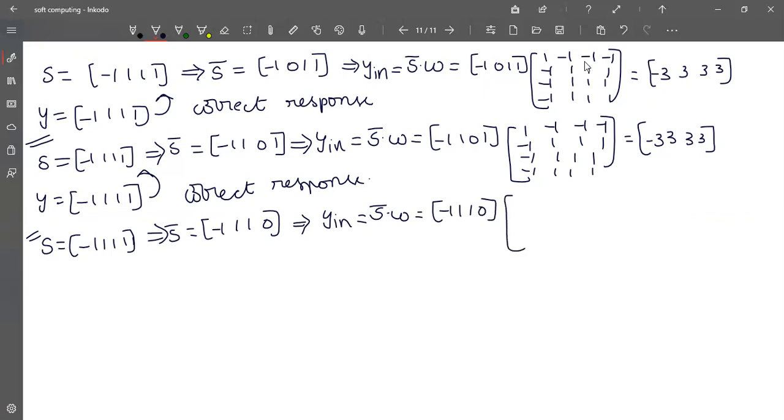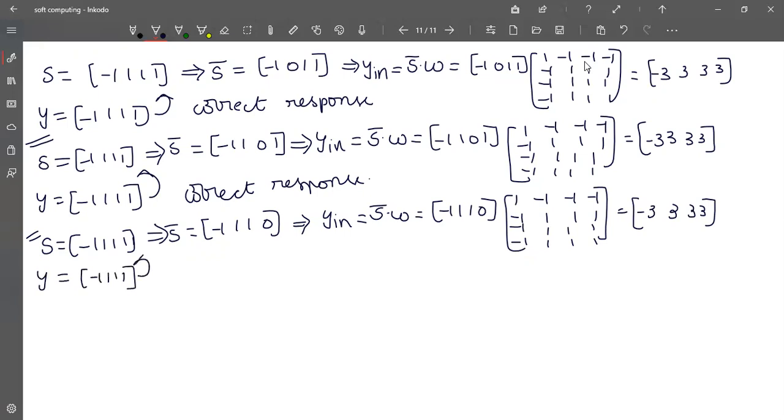W value minus 1 1 1 minus 1 1 1 minus 1 1 1 1. If we simplify this, same as before, we will be getting minus 3, 3, 3, and if we apply the activation function, we will be getting this. So correct response.